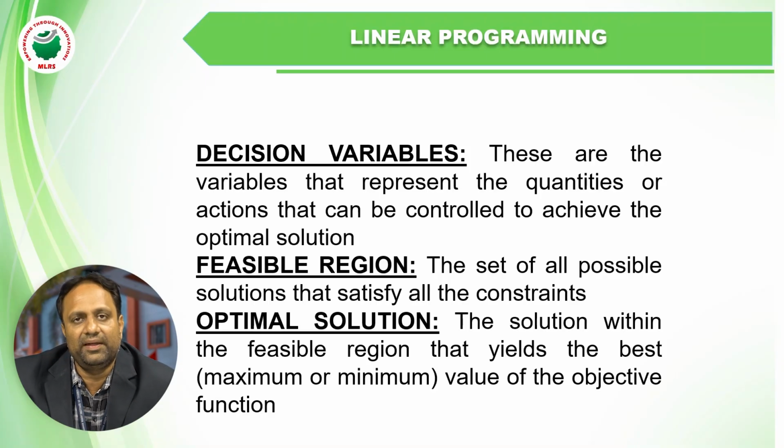And the next important concept in linear programming problem is the feasible solution. What is this feasible solution? It is nothing but the set of all possible solutions that satisfy all the constraints.